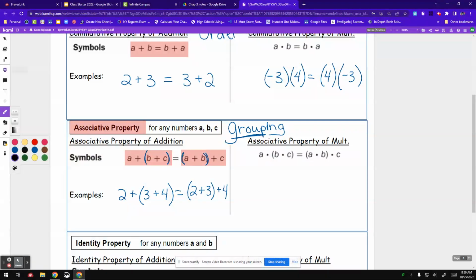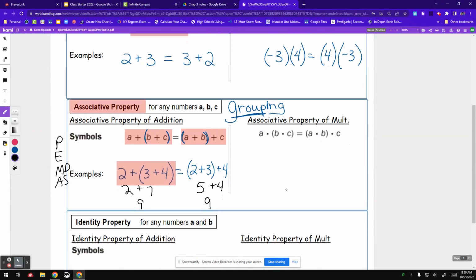On this side, I have to do what's in the parentheses first because of the order of operations: parentheses, exponents, multiply, divide, add, subtract. So I'm going to do 2 plus 7, which is 9. So on the left, I get 9. On this side, I have to do 2 plus 3 first, which is 5, and 5 plus 4 is still 9. So this is just proving to you that the associative property works.